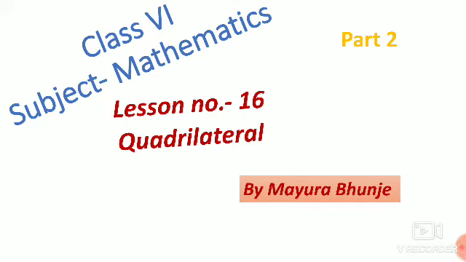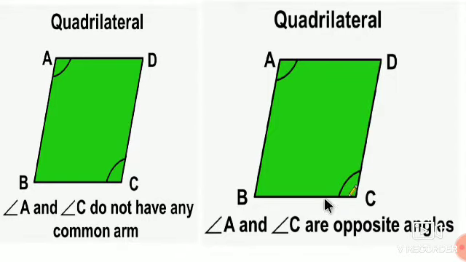Quadrilateral part 2. Here in this given figure of the quadrilateral, the angle A and angle C do not have a common arm. If we write the name of the angle A, we can understand the arms here, DAB, or you can write BAD.